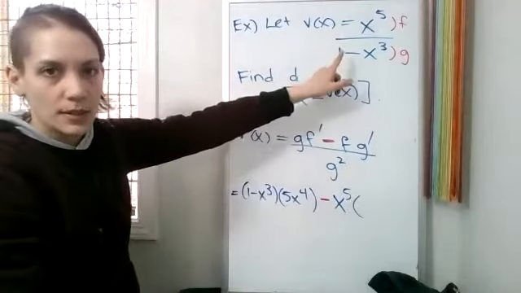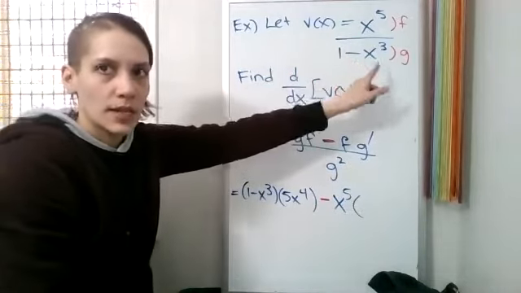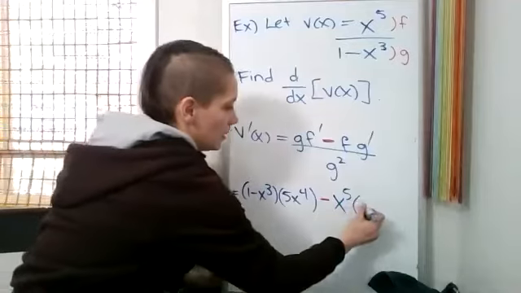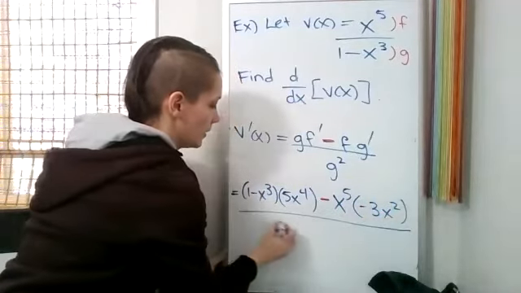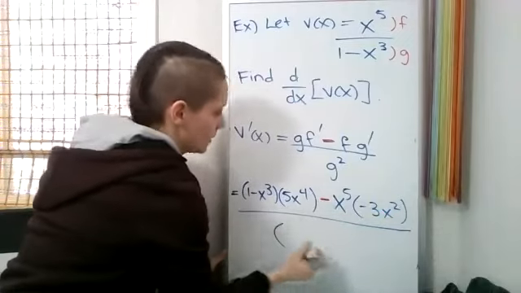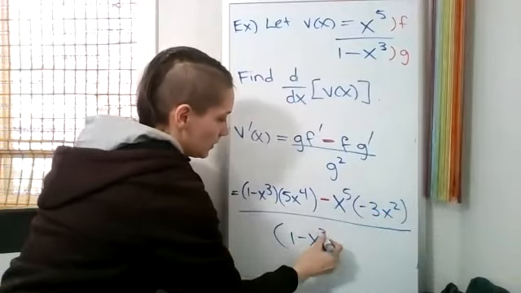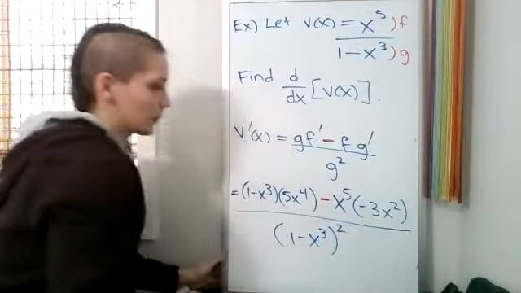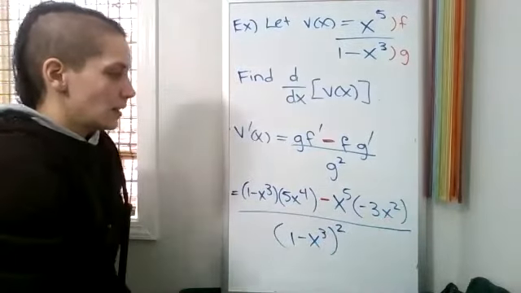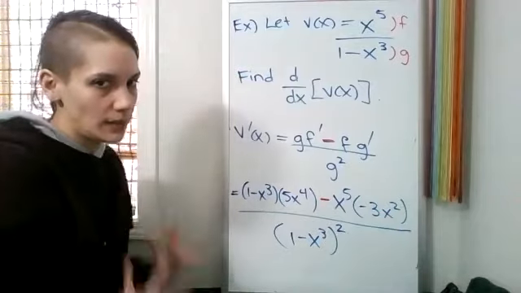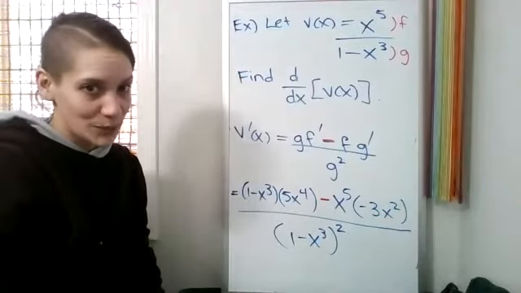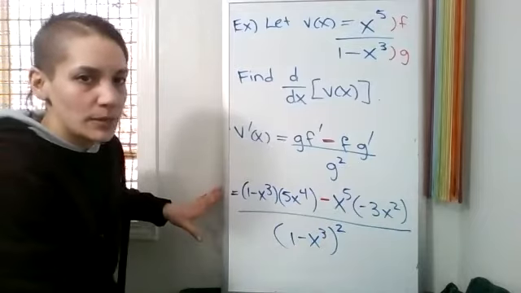Here we'd have 0 minus 3x squared, and it's over 1 minus x cubed, squared. I think we could simplify this, but I'll leave that to you. So that's the answer. It could be written nicer.